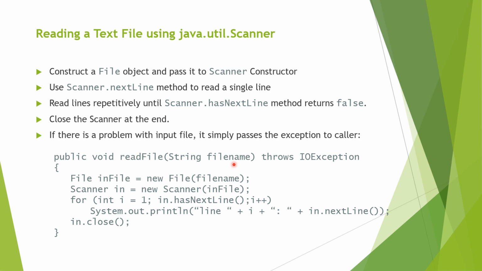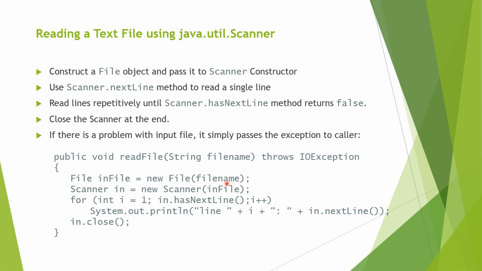The first thing I need to do is to create an instance of the File class. I just need to say File infile equals new File, and then I pass the file name as an input parameter of the constructor of the File class.